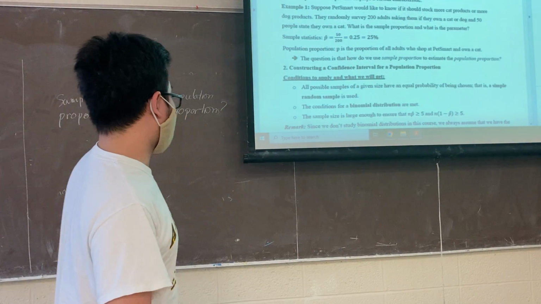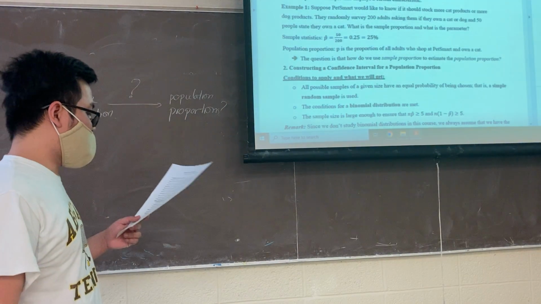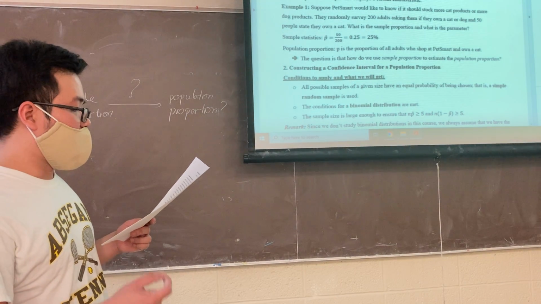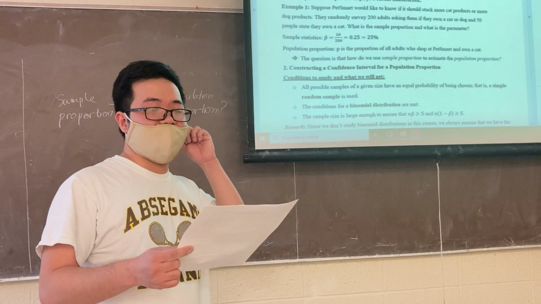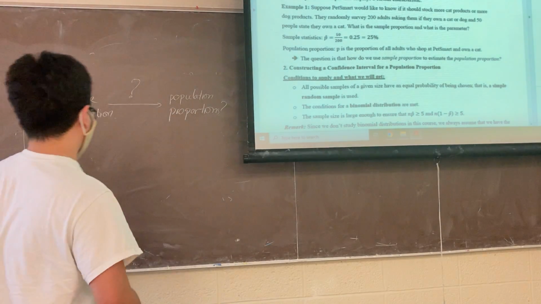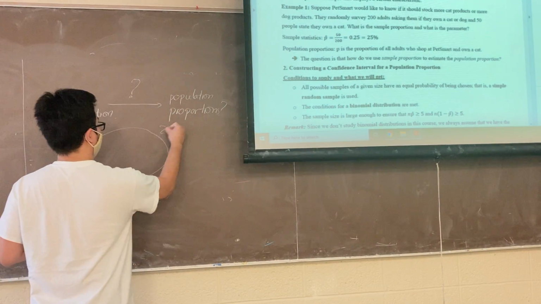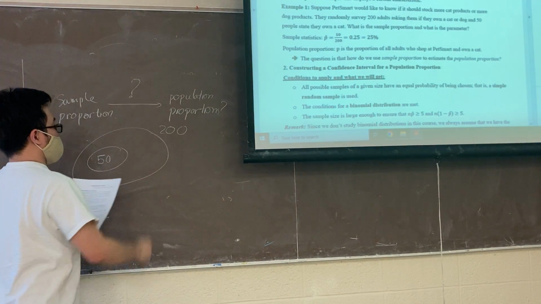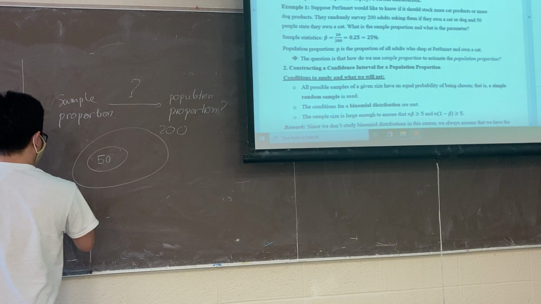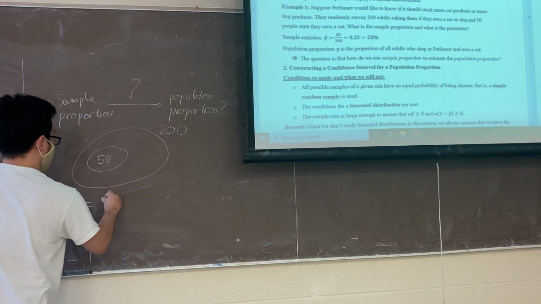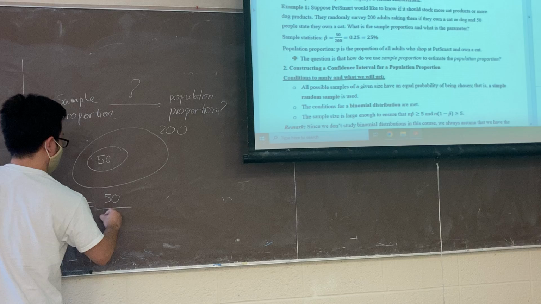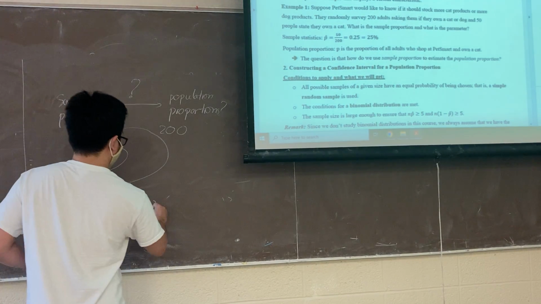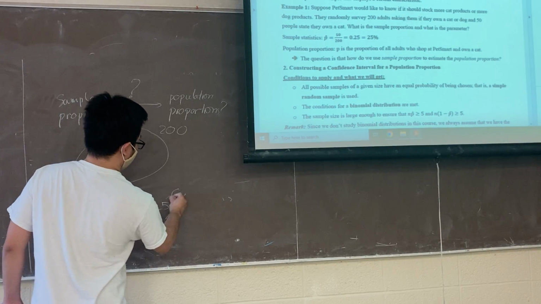So the sample proportion here is the percentage of people who own a cat. The sample size is 200 people and only 50 own a cat, so the proportion is 50 over 200, which is exactly 25%.